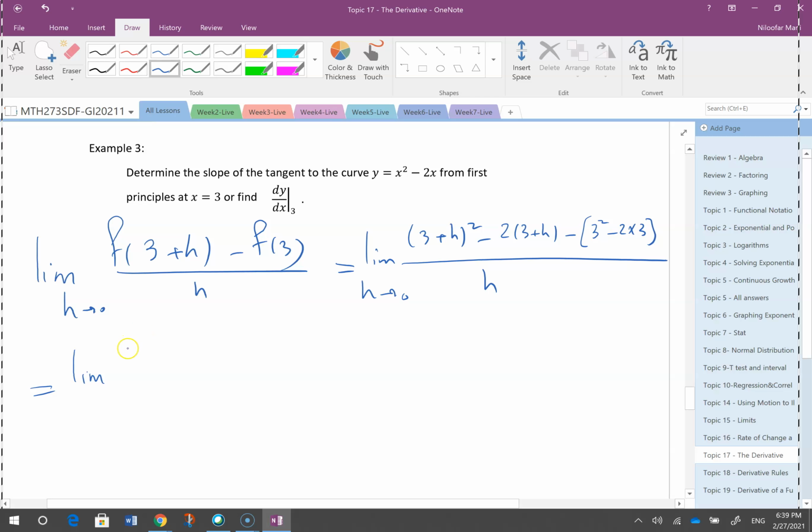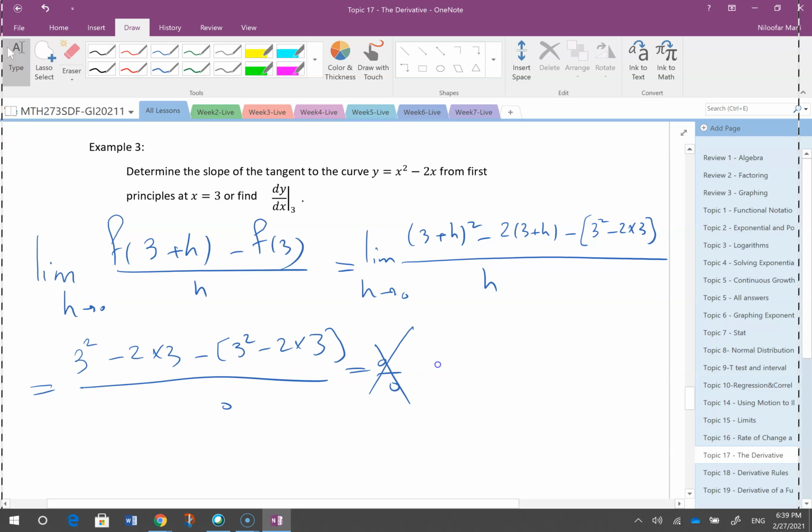Limit 9. Oh, okay, so let me show you. At the beginning, when you substitute, you can have 3 squared minus 2 times 3 minus 3 squared minus 2 times 3 over 0, which is 0 over 0.